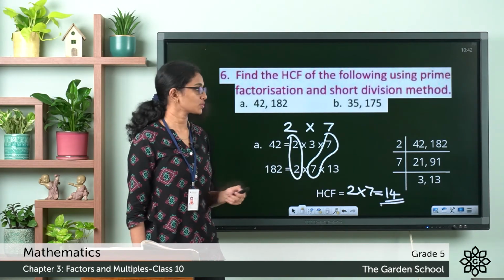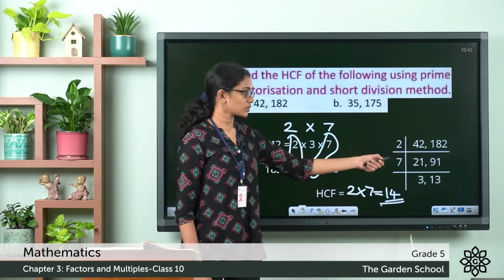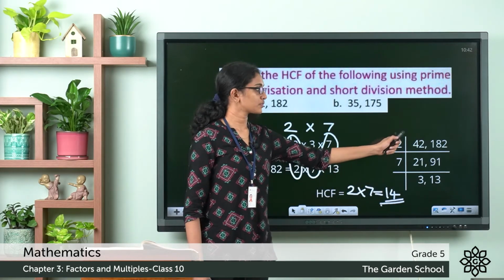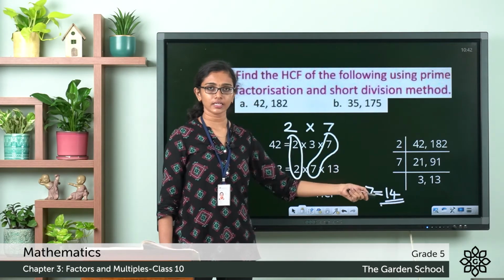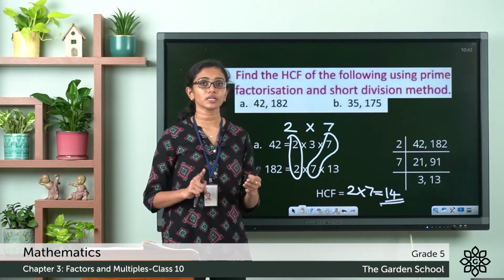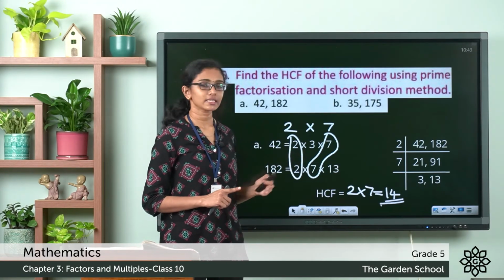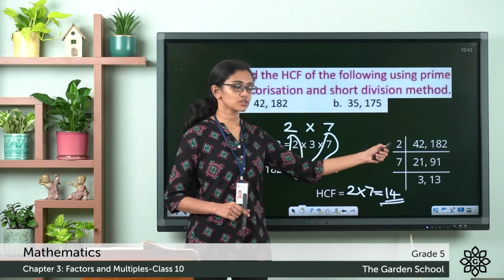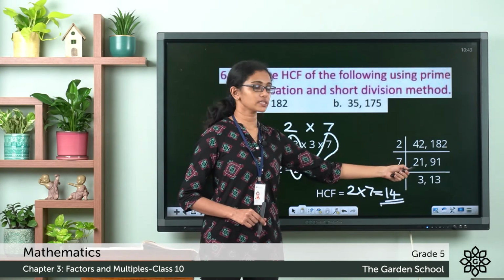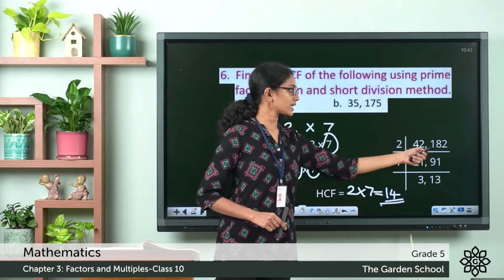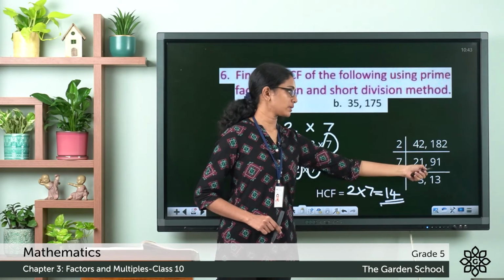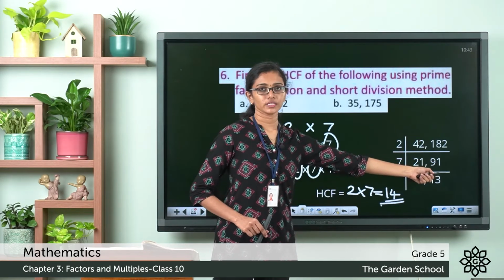Now we also have to do the short division method. So for doing the short division method, first you have to write the given numbers in a grid. Find the smallest possible common prime factor to divide the given numbers. So here it is 2. 42 divided by 2 is equal to 21. 182 divided by 2 is equal to 91. So we got the first set of quotients.